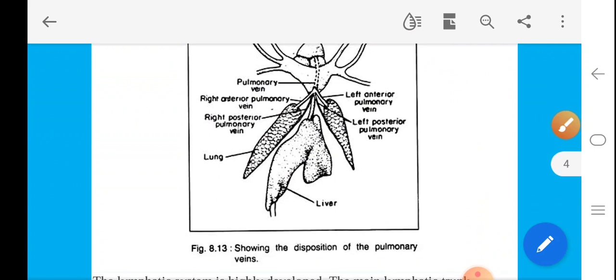Diagrammatic representation of the disposition of pulmonary veins has been shown in this diagram.